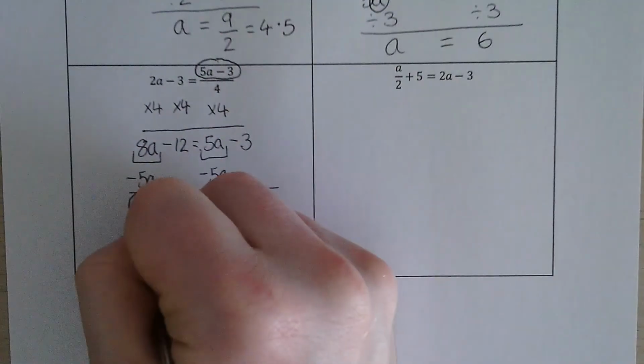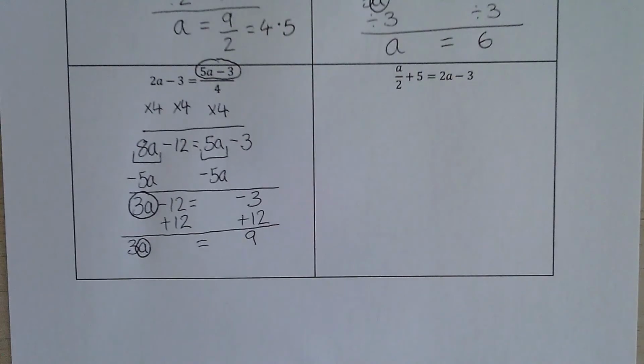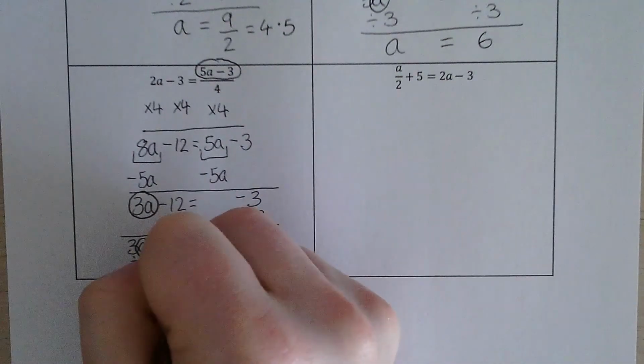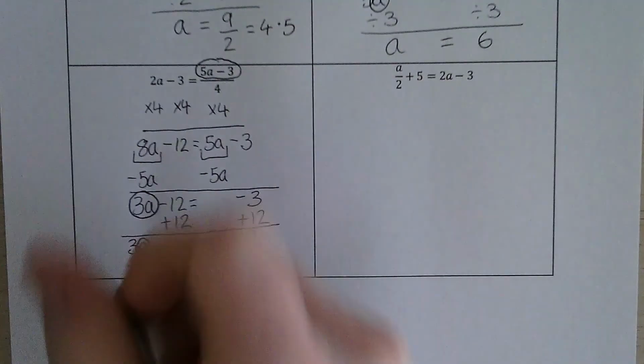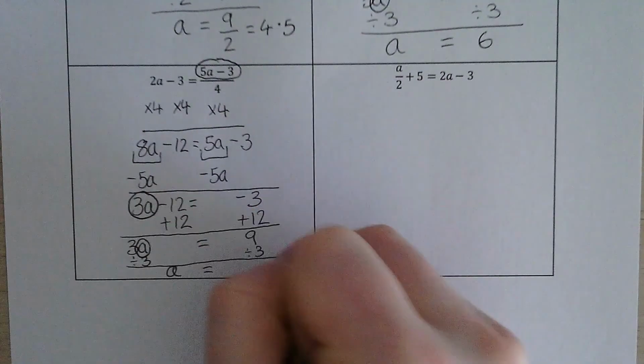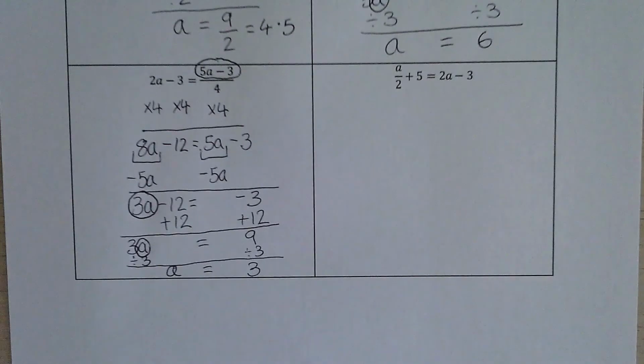So then to isolate the variable, we simply need to divide both sides by 3. So our final answer we get is a equals 3. The final question for today is a over 2, add 5 equals 2a minus 3.